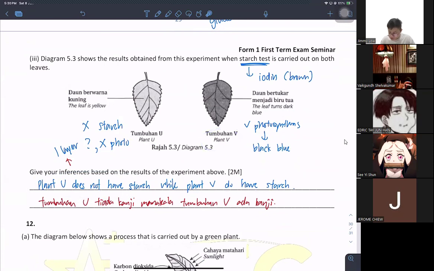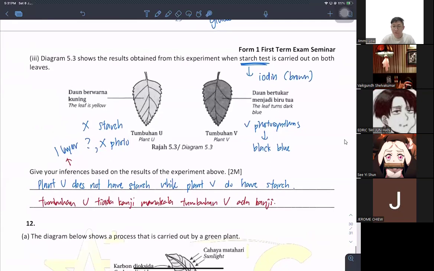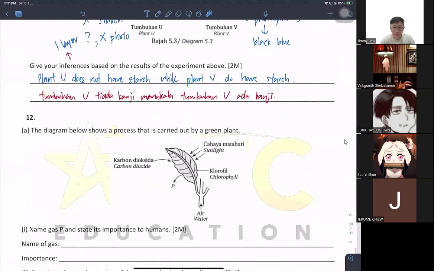No need to explain whether photosynthesis or not, because you only have 2 marks. You just explain in one layer. You don't need to explain too deep. Once you write wrong, the marks will be deducted. So you have to learn how to allocate the marks.